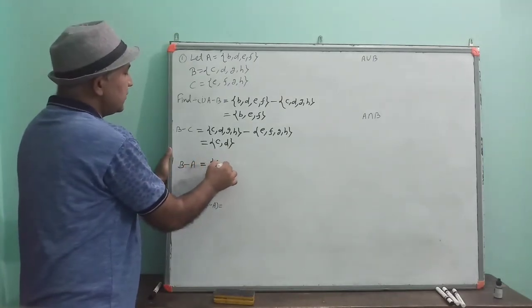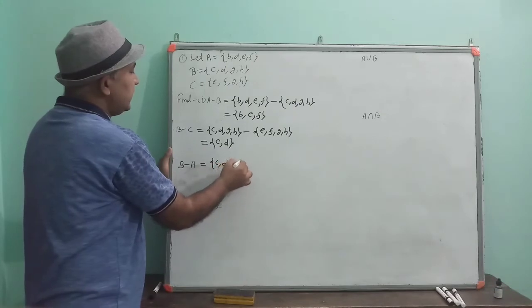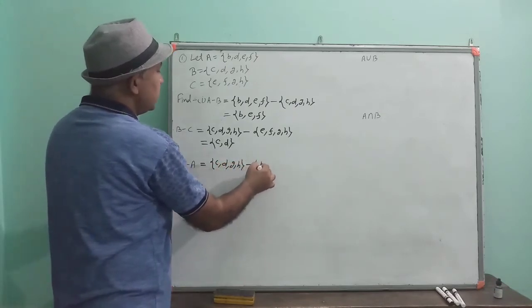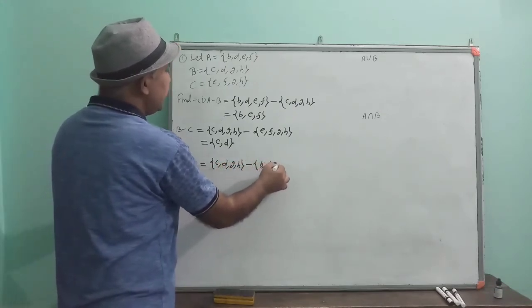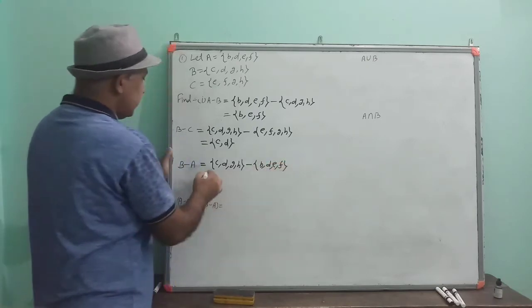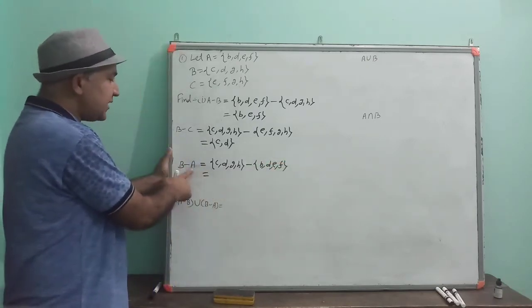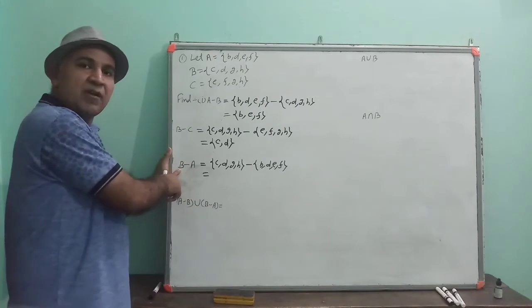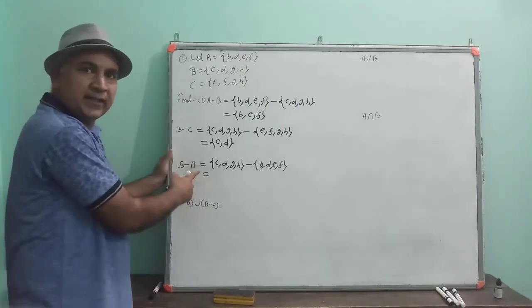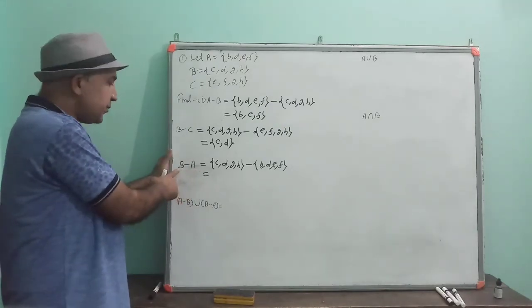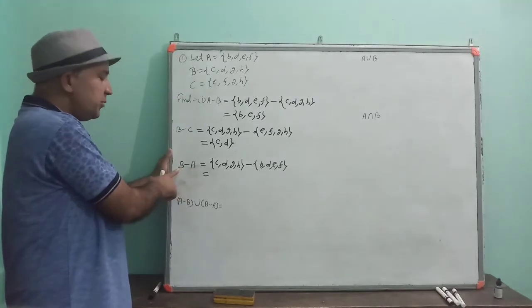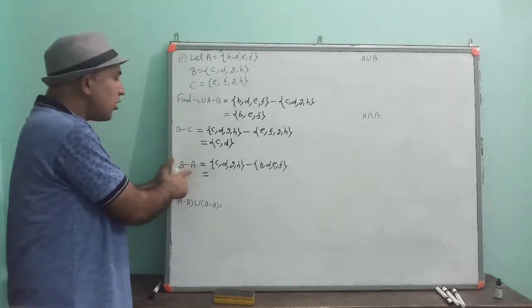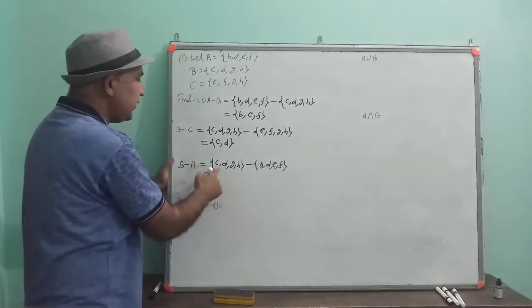Now B minus A. B is C, D, G, H minus A is B, D, E, F. What is the meaning of B minus A? Elements of B which are not in A. So compare here.